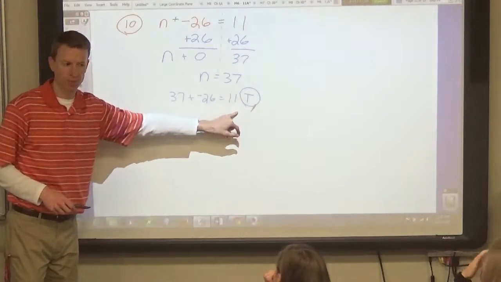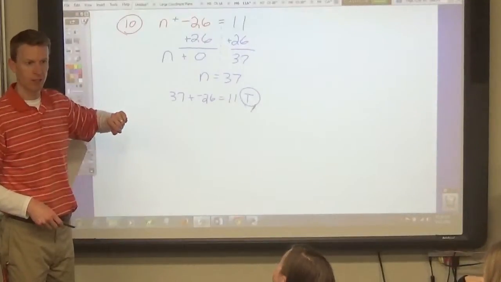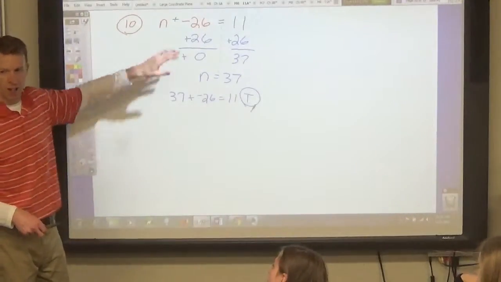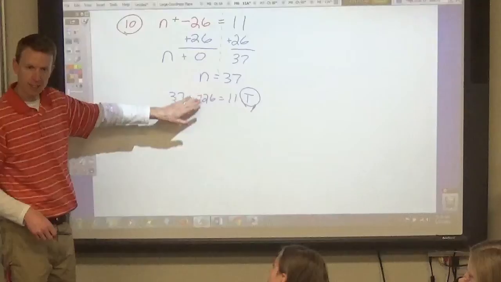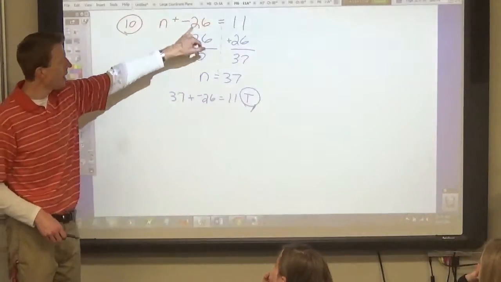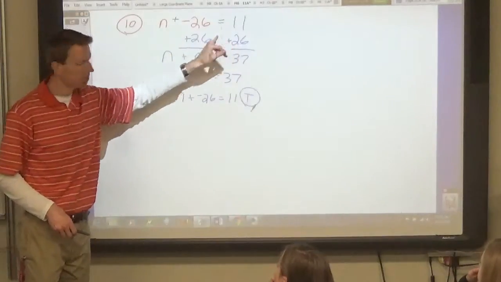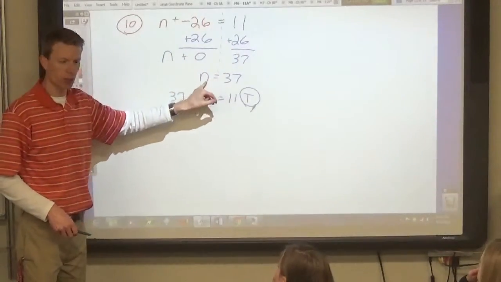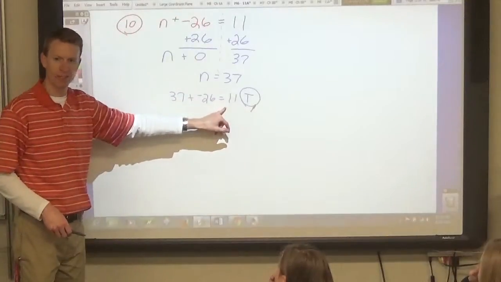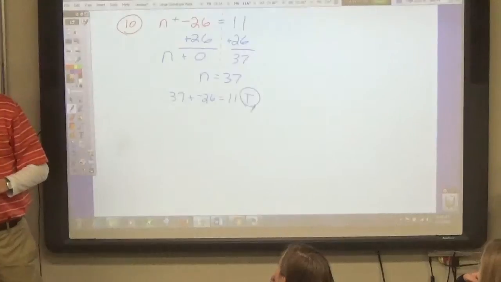Okay? 3 points just for doing this. It's a pretty simple process, isn't it? Find the sign of the variable, add the opposite of the number that's written to both sides, and then write the solution, and then check it. Okay? Should we do one more, or do you have this?